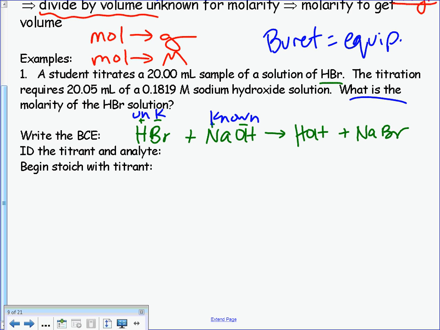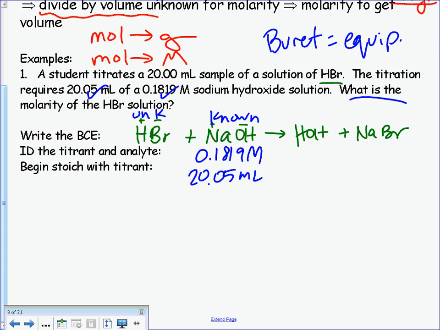Okay, so what do we know about the known? What two things do we know? Okay, so what is the molarity? 0.1819, and I'm just writing it underneath so I can keep my information organized. What's the amount of titrant used? 20.05. So check, I've used both of these.